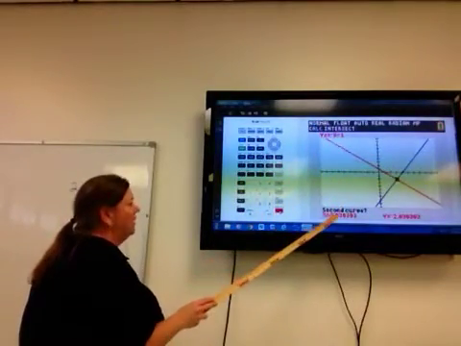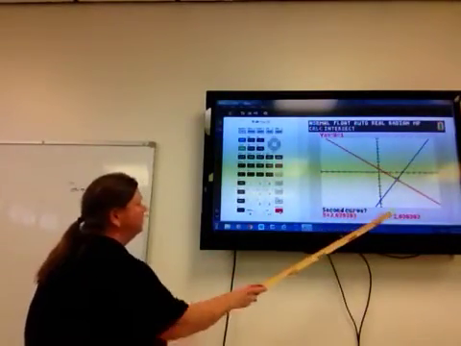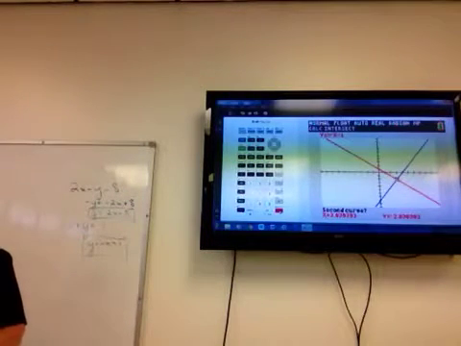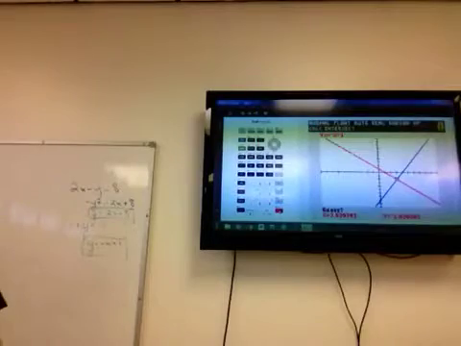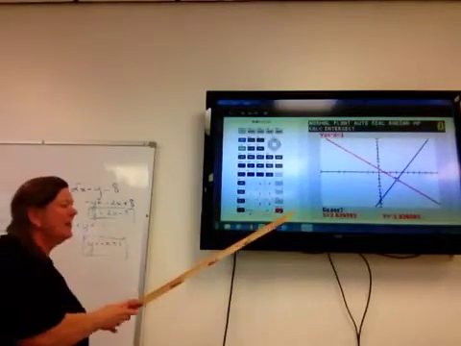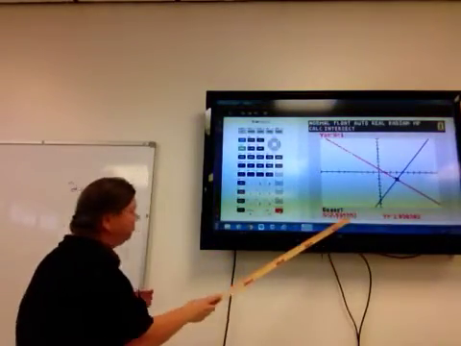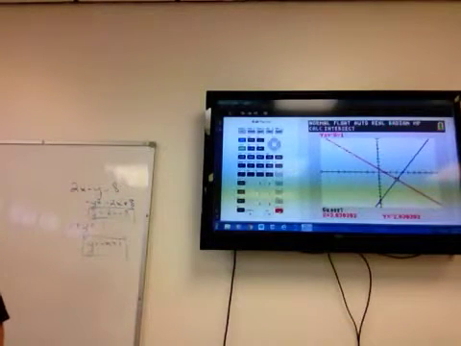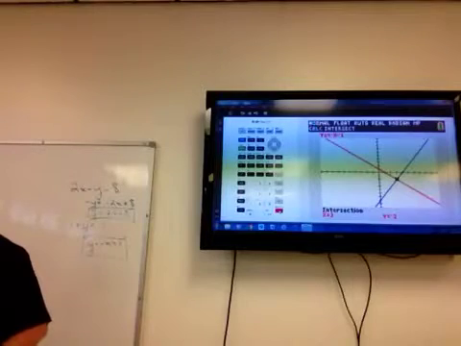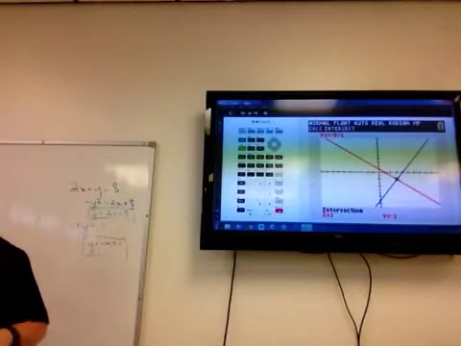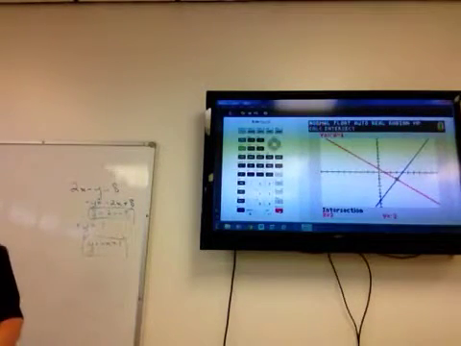And it's saying, this is where I think I am about. Press enter again, and it's saying, based on that information, I'm guessing that this is the solution. Press enter one more time until you see the words intersection. That is the point of intersection at 3, -2.